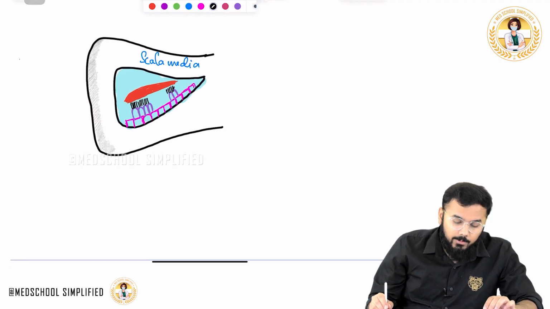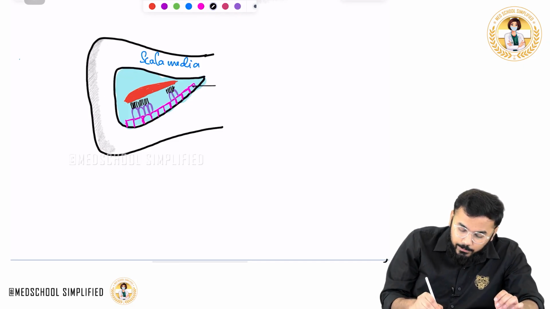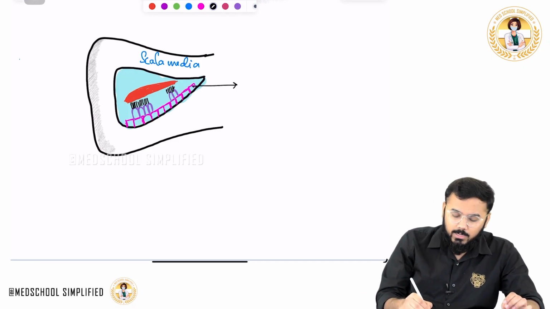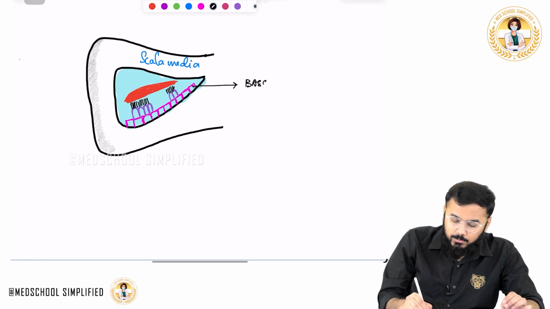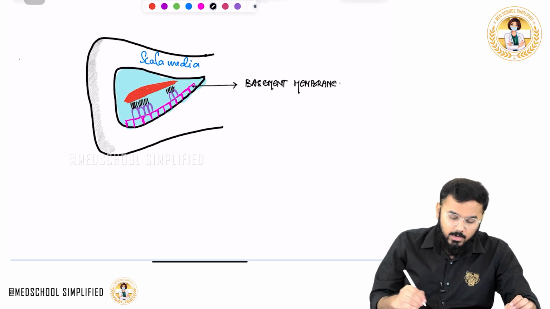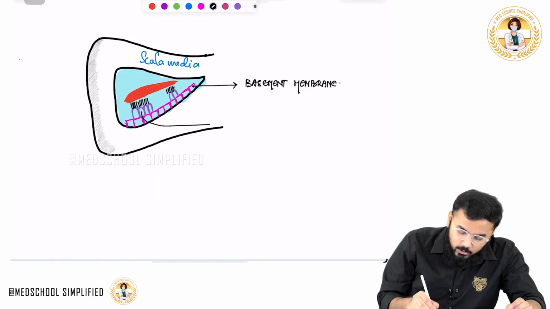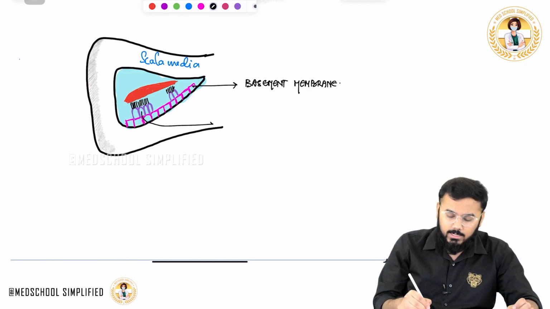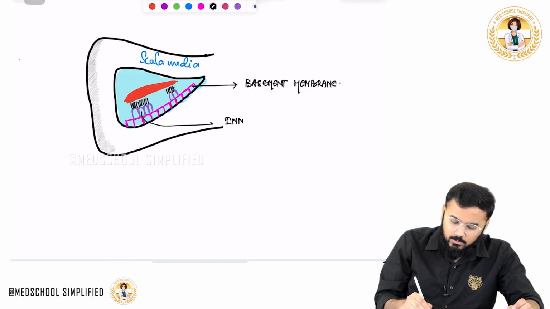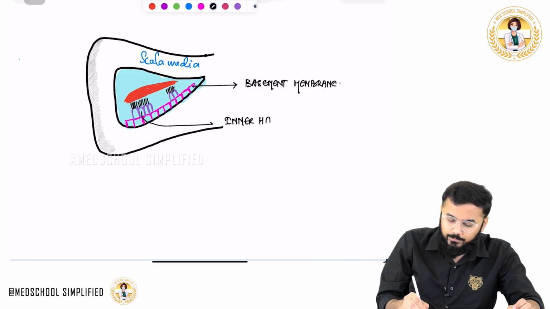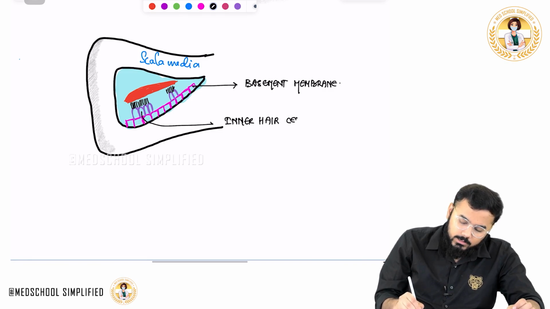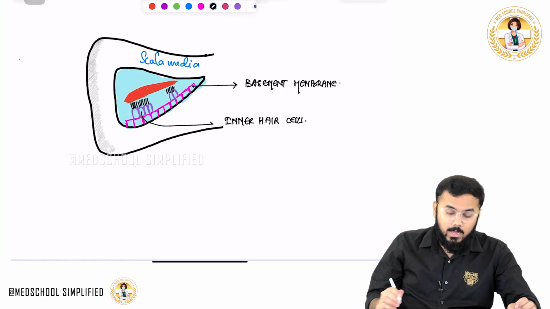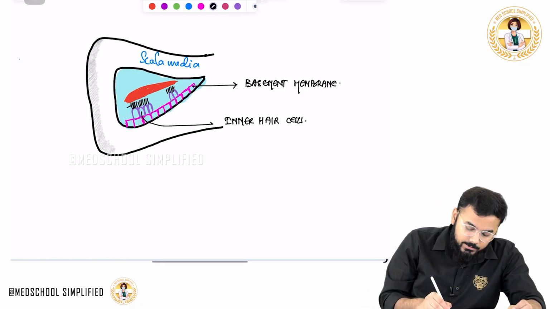Within this scala media, you see these pink color cells. These pink color cells together form the basement membrane. After the basement membrane, you see another group of cells. These cells are called the inner hair cells. Above these inner hair cells, you see some cilia.